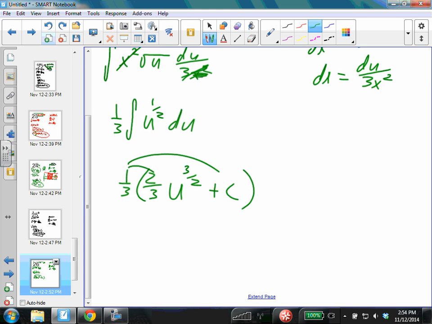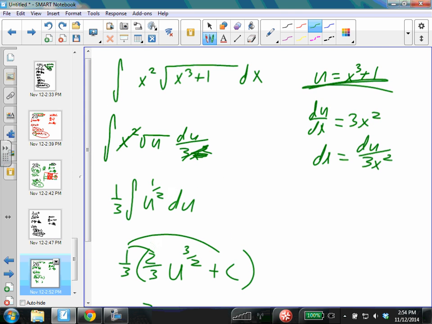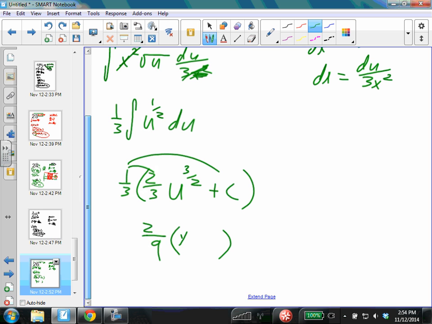So when I distribute the 1/3, I get 2 over 9. I'm going to go ahead and plug in for u. What was u? X cubed plus 1. So x cubed plus 1 to the 3/2 power plus c.